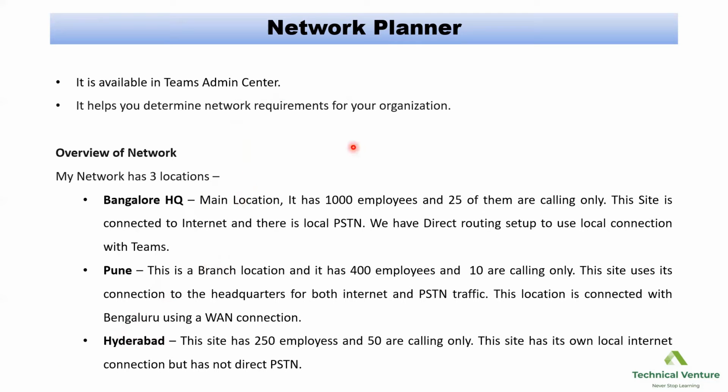Okay, so now in this particular lecture, I'm going to discuss the overview of my network. We have Bangalore headquarter, and then Pune, and then I have this Hyderabad location, right? This Bangalore headquarter is my main location, and it comprises 1,000 employees, and 25 of them are calling only. That means out of 1,000 employees, only 25 will be using the calling only feature, right?